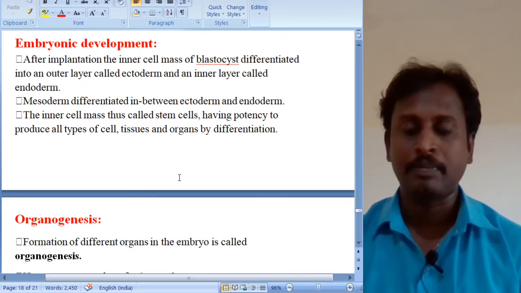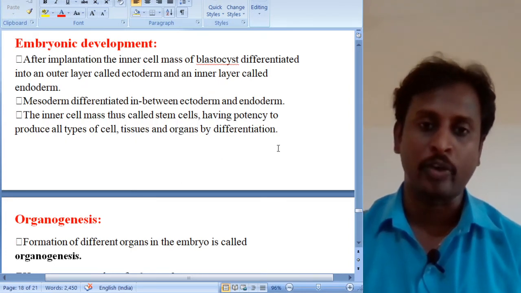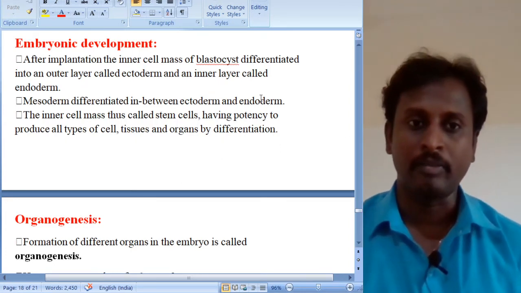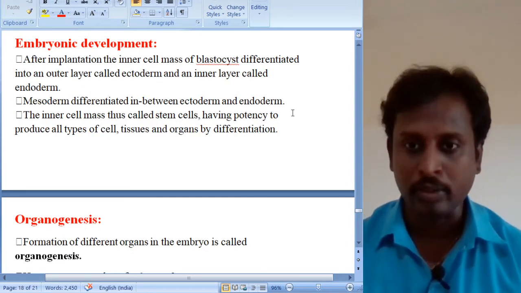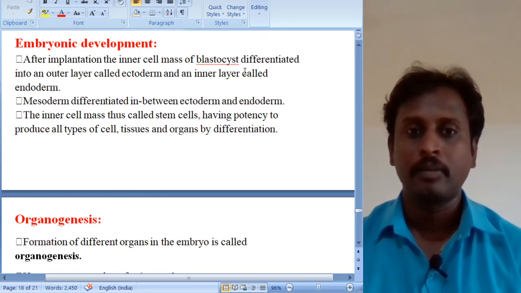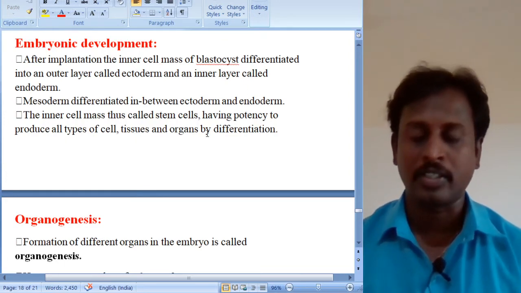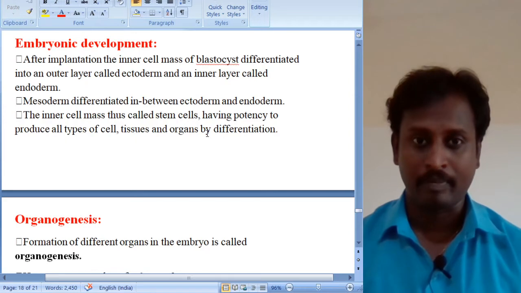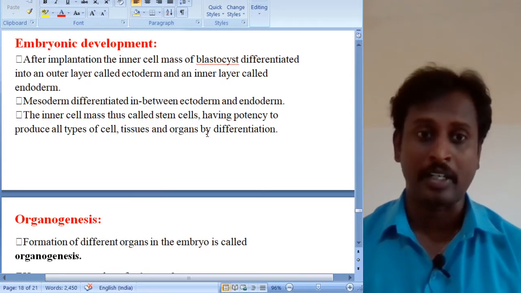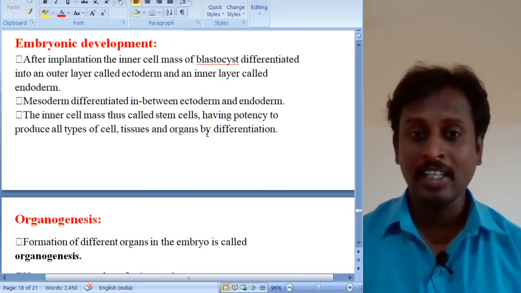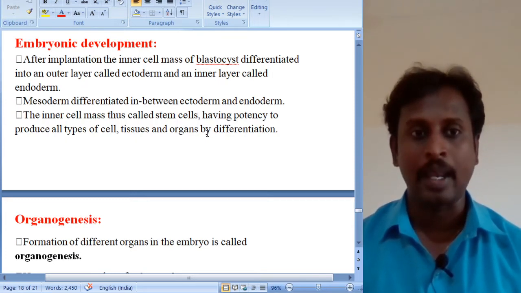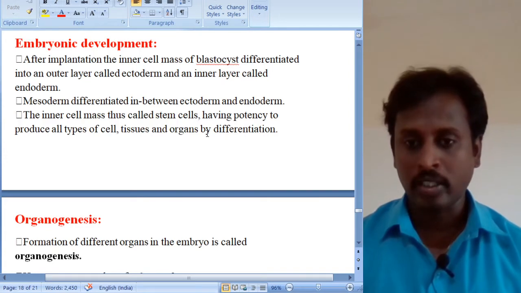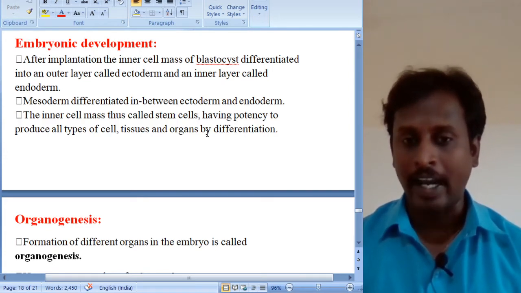The trophoblast becomes chorionic villi and is meant for anchorage or attachment to the uterus, but the inner cell mass gets differentiated and forms the three germinal layers. The three germinal layers are embryonic layers: outer ectoderm, inner endoderm, and mesoderm in between.